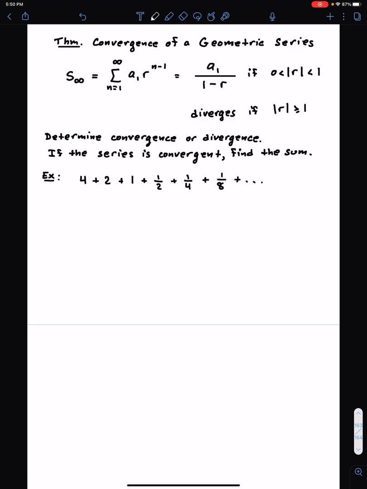So a1 is 4, and there's a common ratio of 1/2. So I can rewrite this as the sum as n goes from 1 to infinity of 4 times 1/2 to the n minus first power.